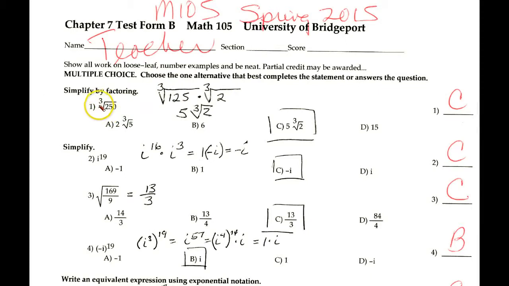So here we see the third root of 250. Now what we're trying to do is see if there is a perfect cube root factor of 250. So we divide it by 2 to start off, and lo and behold, we get 125, which is a perfect cube.